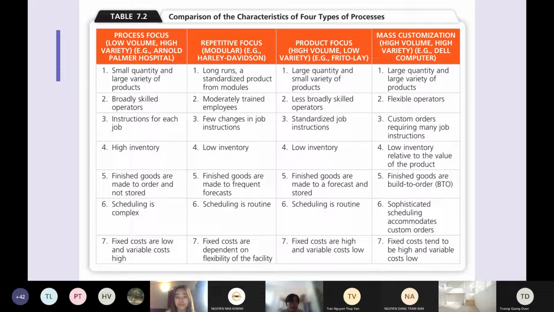About the scheduling, process focus and mass customization are complex, and repetitive focus and product focus scheduling is routine. The fixed cost and variable cost I mentioned earlier for each part. So to summarize, I will move to the next part. My friend will continue.